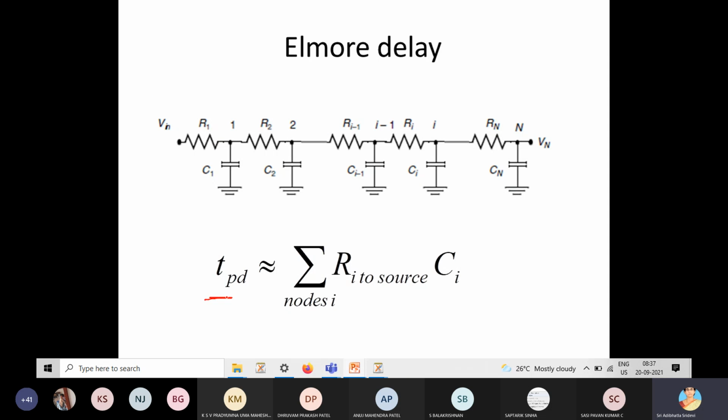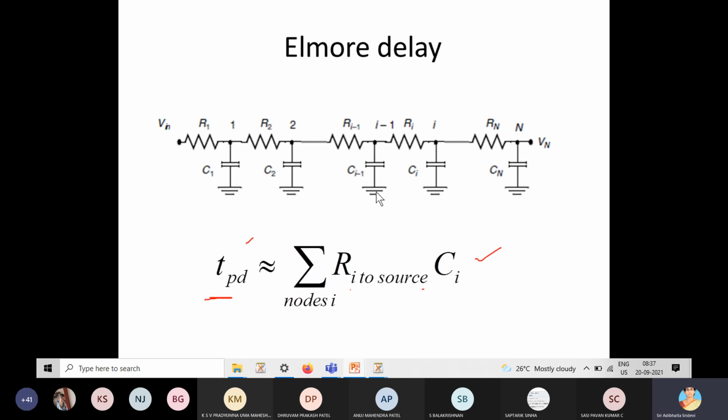The propagation delay of the RC network is the sum over nodes i of R_i-source multiplied by C_i. That means we have a source node, and a node at which we have to find the delay. The propagation delay is sigma R_i-source multiplied by C_i.